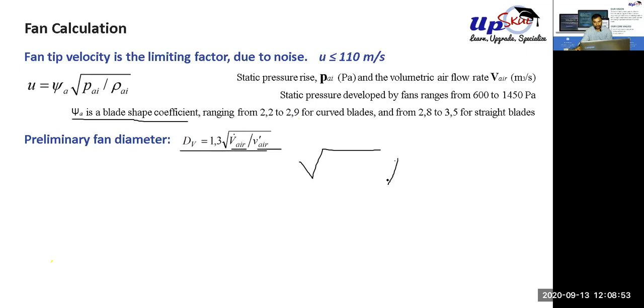It would have been easier if this thing was square, but if you back calculate it, you can find it like this. Volume by velocity gives us the frontal area.